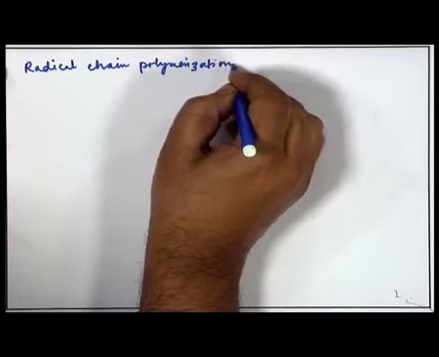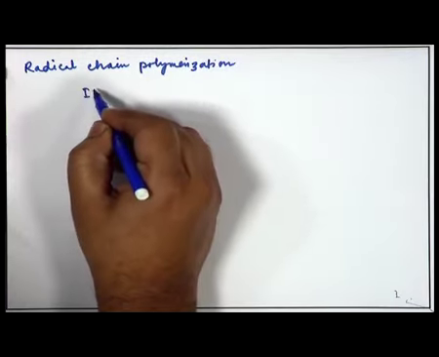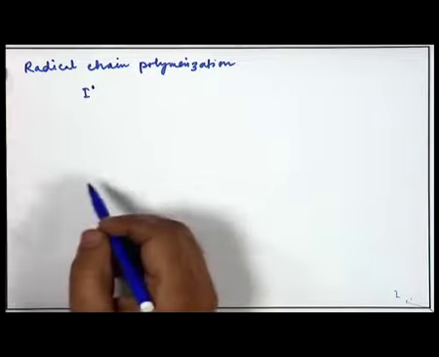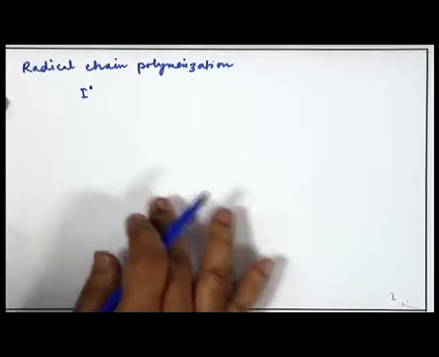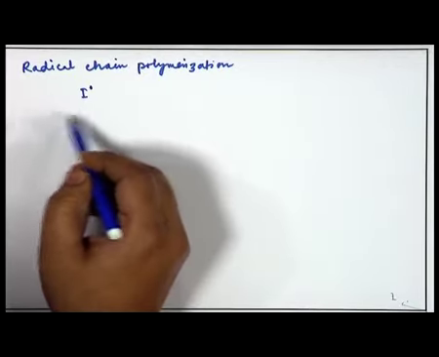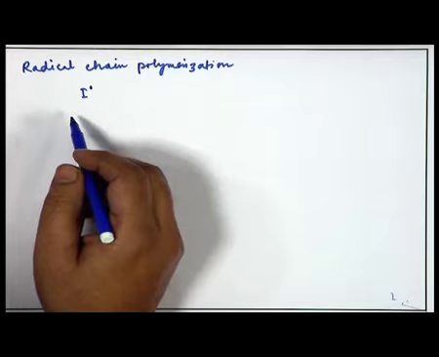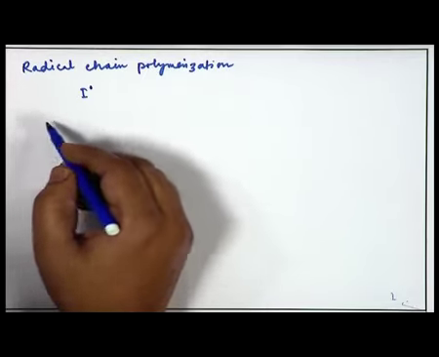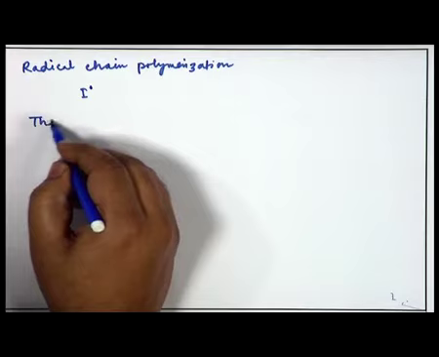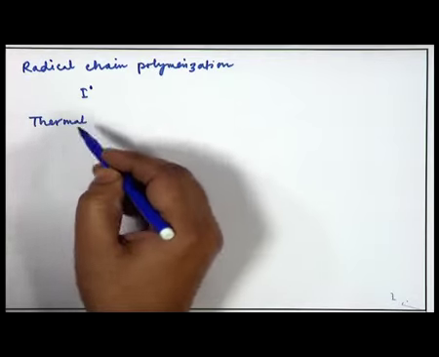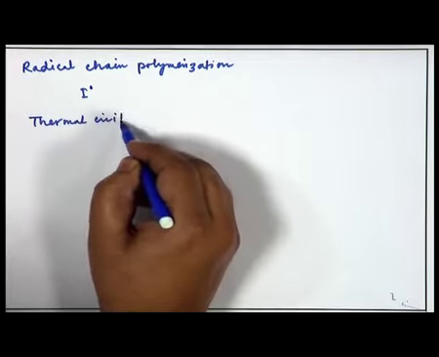radical chain polymerization. So, basically we need an initiator, which is I dot, and typically it is generated thermally, which we call thermal initiators.